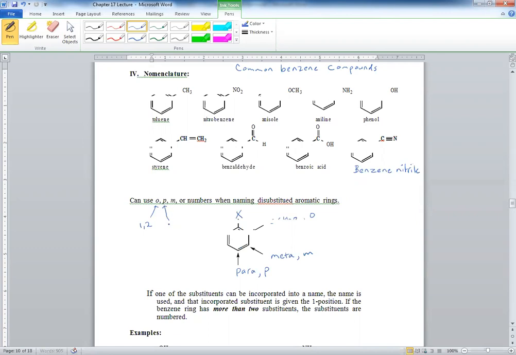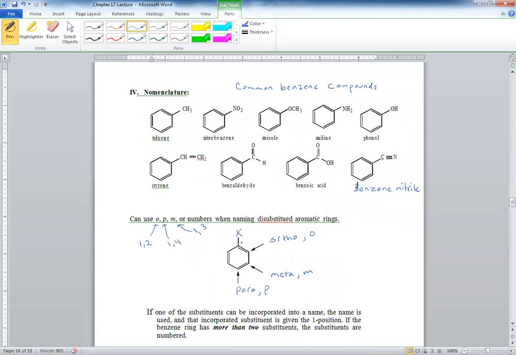P can be the 1, 4. And then meta is the 1, 3. This is 1. I'm going to number the 2, the 3, and the 4 in different colors. So this is 2. This is 3. And this is 4.